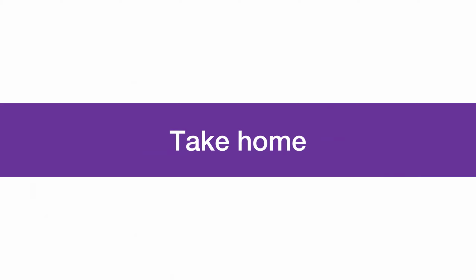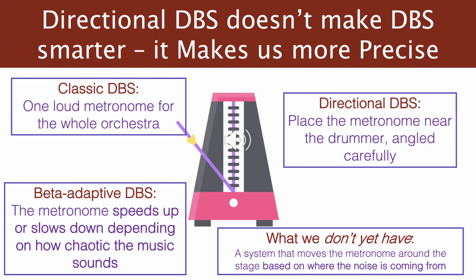To take home, I tell many people that DBS is like a metronome. I know many of you have heard about the metronome in the brain. The orchestra is running, but the orchestra is not doing good enough. You keep a metronome, and it makes the orchestra feel slightly better. Directional DBS makes it slightly better still.